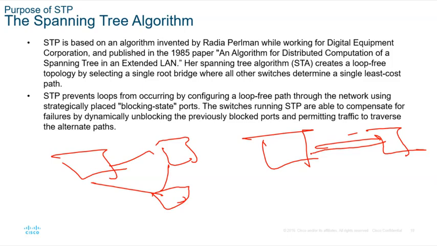This is an expanded LAN network: you have switch 1 and you want to connect it to switch 2. But what if one of these links goes down? Then you come up with a redundant link. If this one goes down, maybe you have the backup. But we don't want 2 links to serve at the same time. It has to be one at a time. So STP is needed here.